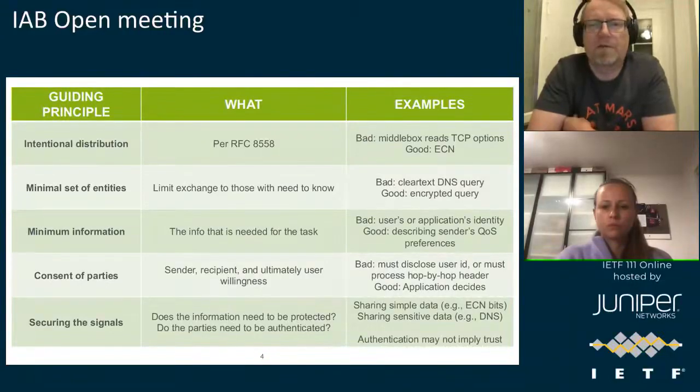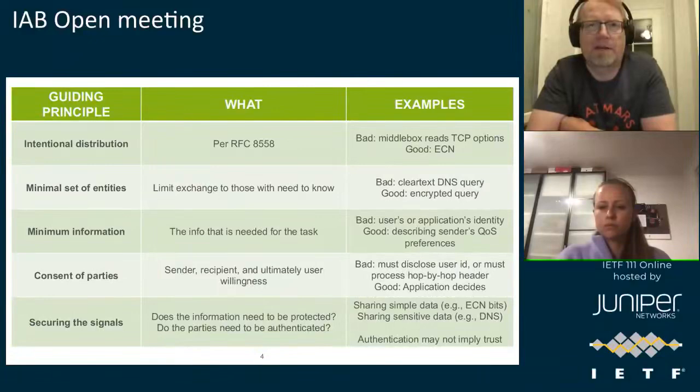Moving on, so minimum information. Don't provide information that is extra, just the information that is needed for the task. Some bad examples that you could try and do, like communicating the user's identity or real world identity, or the application's exact identity, that's probably bad for a number of reasons.